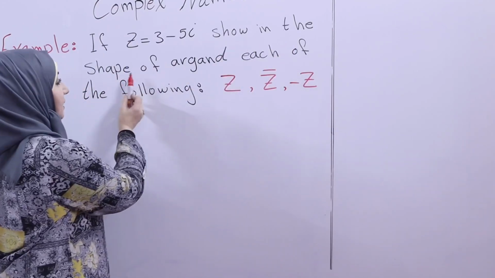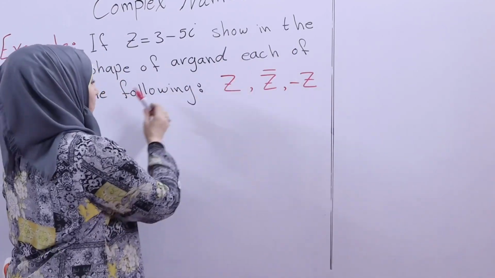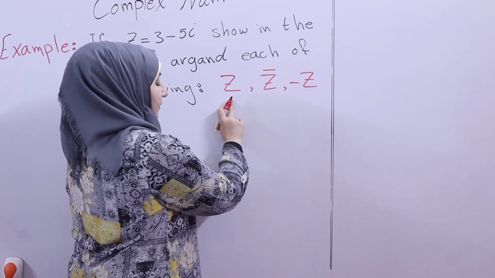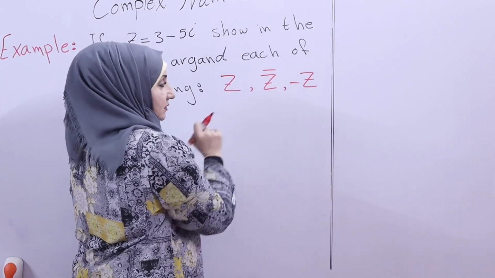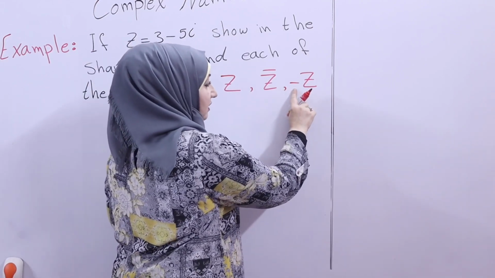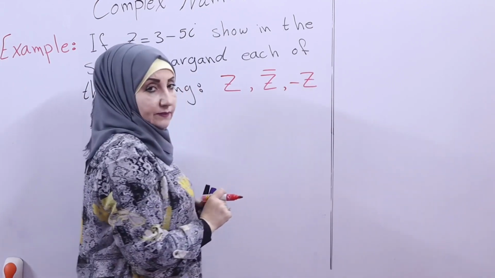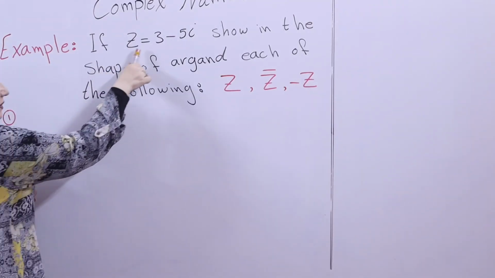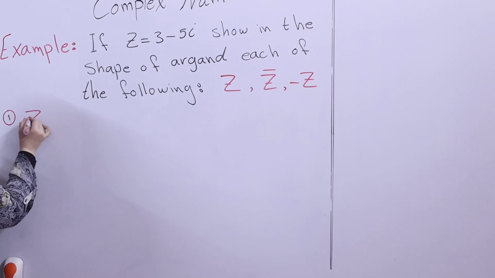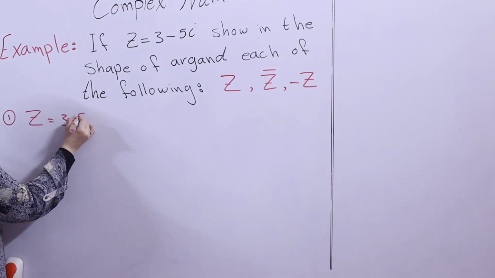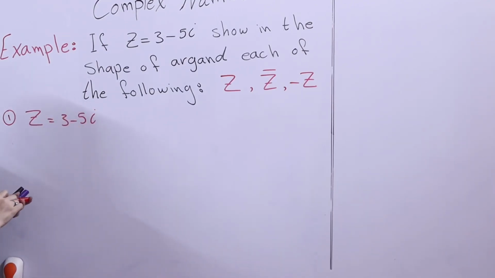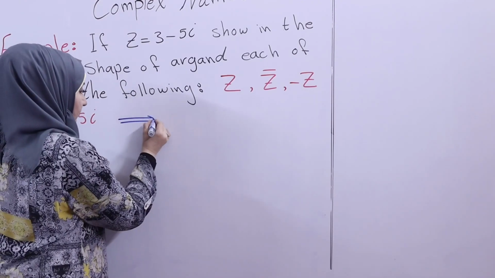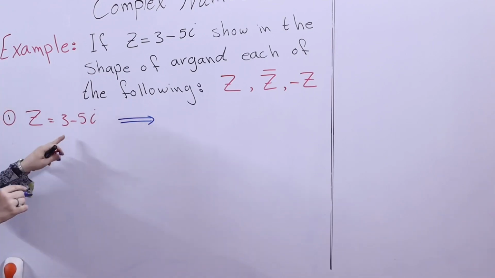Show in the shape of Argand each of the following: Z, the conjugate of Z, and the additive inverse of Z. First, to represent the complex number Z, which equal 3 minus 5i, we want to change it to the Cartesian form and write it by order pair.